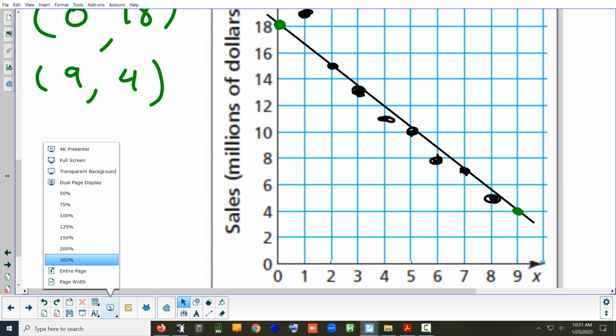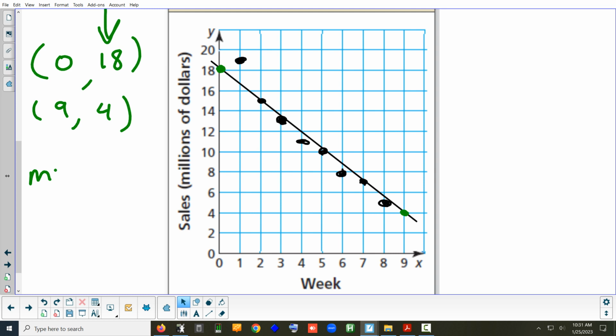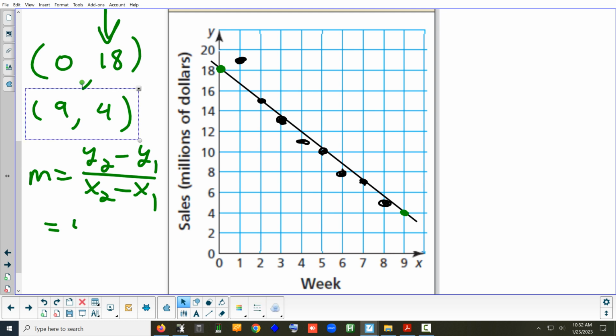Okay, let's find our slope. y2 minus y1 over x2 minus x1. What is y2 in this case? 4. Yep, I would say this is my first point, this is my second point. So y2 is 4. What's y1? Yep, 18.